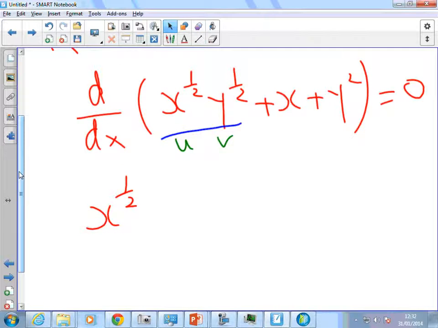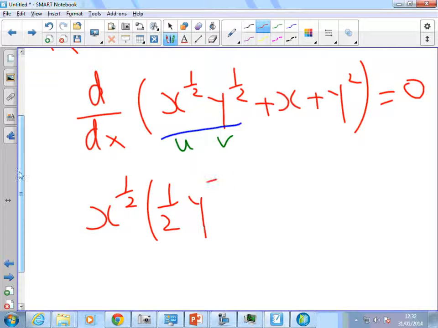We are differentiating y with respect to x. So we differentiate it with respect to y, and then we put a dy by dx for reasons we've already gone through. So I'll just put that in brackets. Differentiating y to the half with respect to y gives me a half y to the minus a half dy by dx.